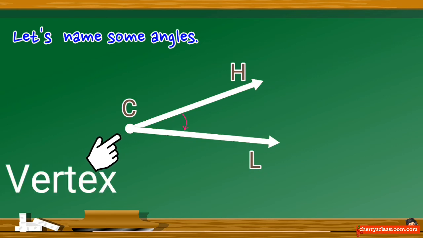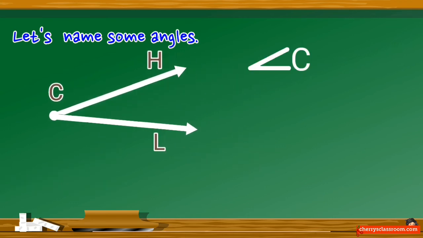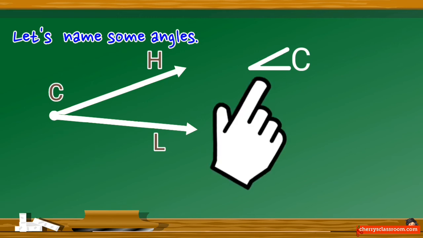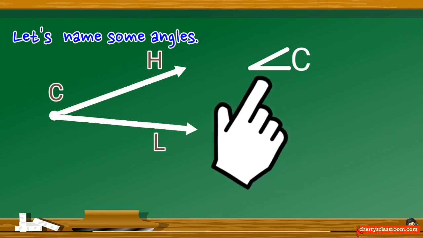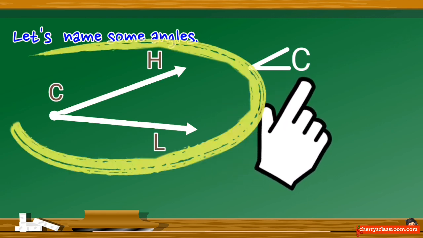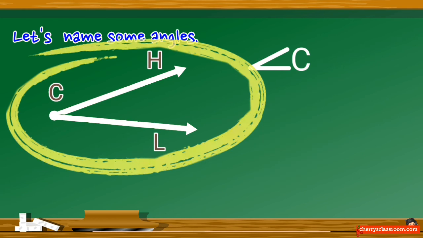We use the vertex to name the angle. Angle C. This is the short form of naming an angle. Angle C. This is angle C.